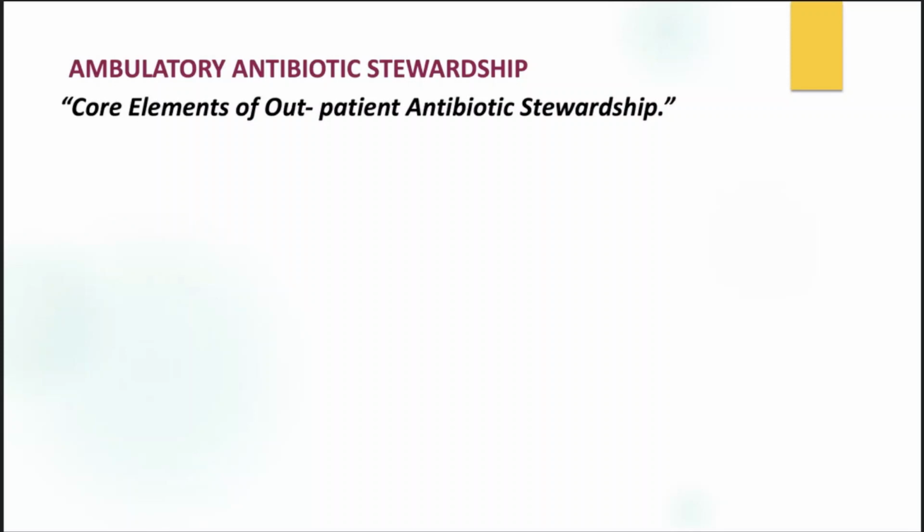As you might have known already, there are a lot of patients who have developed resistance to amoxicillin because it has been commonly used now in our local setting. So the core elements would include committing to improving antibiotic prescription, implementing a policy or practice to improve antibiotic prescription and assessing its effectiveness, monitoring the prescription and providing feedback, and providing educational resources to clinicians and patients on antibiotic prescribing.